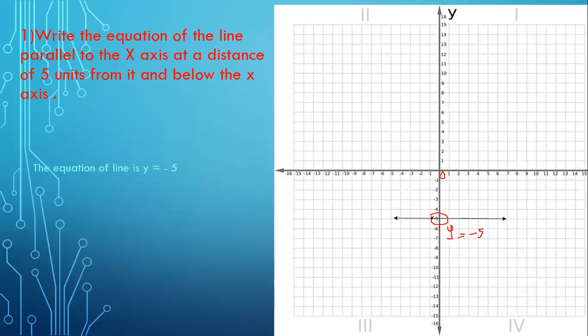You can see here, the y coordinate of every point on this line is -5. So we can write the equation of the line as y equal to -5.